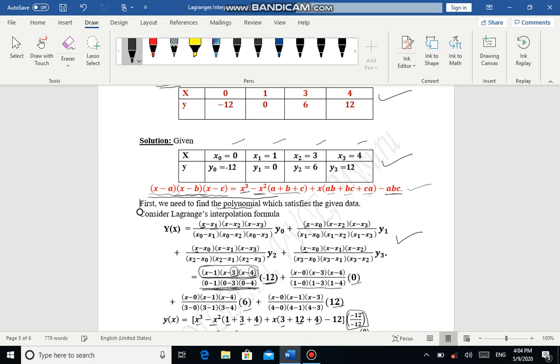So minus 1 into 3 into 4, that gives 12. So this is the product of x minus 1 into x minus 3 into x minus 4. Is that clear? By using this technique. Now the remaining is minus 12 divided by minus 12. I consider that here.